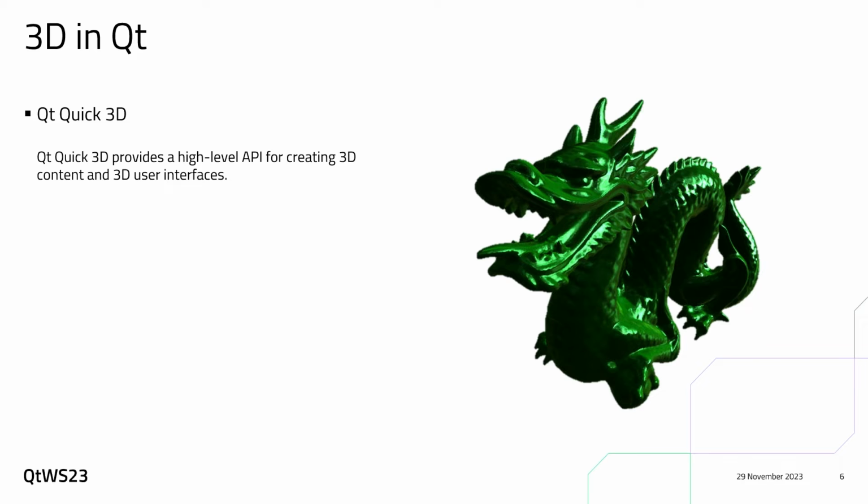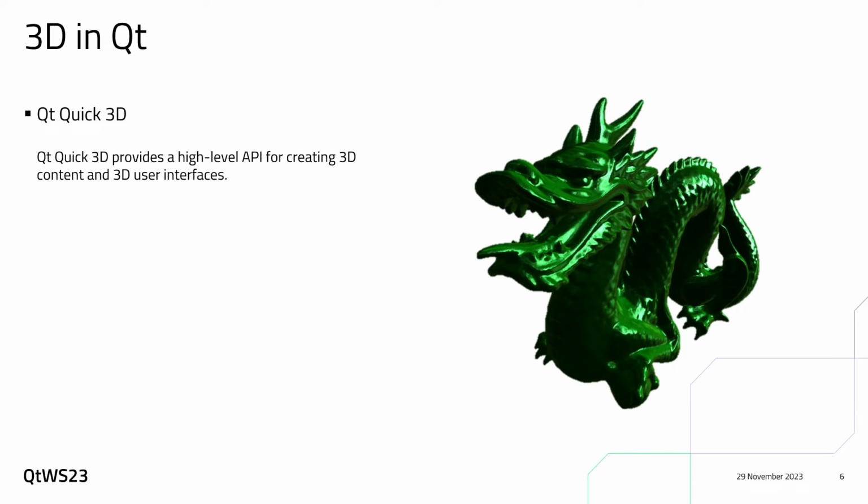So, let's start with 3D. Our world, our reality is three-dimensional. That is a fact. So what I want to say here is, if we want to do mixed reality, we are somehow forced to think and work in 3D.